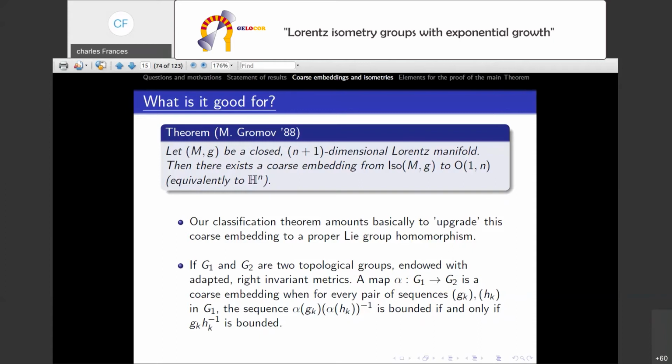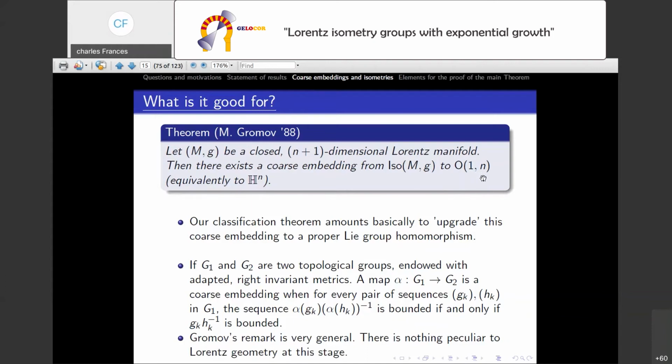Before proving Gromov's statement, let us mention that Gromov's remark is very general in the sense that if (M,g) was a pseudo-Riemannian manifold of type (p,q), then the same statements would hold with O(1,n) replaced by O(p,q).